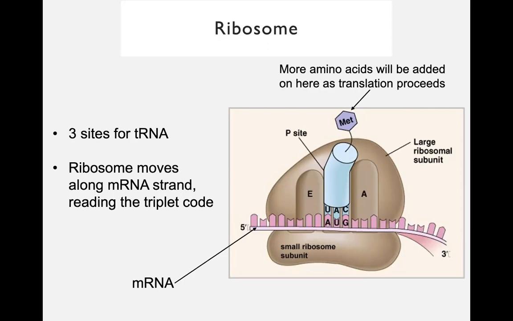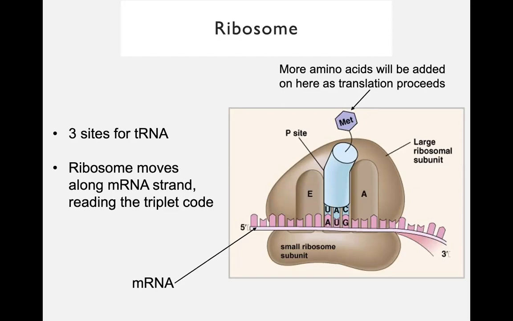You don't have to worry about there being 3 sites here, the E, the P, and the A. Don't worry about the names of those or what they're for. I'll talk a little bit about them, but you don't have to really know much about them. But there are these 3 individual sites on the ribosome that will accept tRNA molecules. The tRNA molecule that comes in, again, has to match up with this codon on the mRNA.